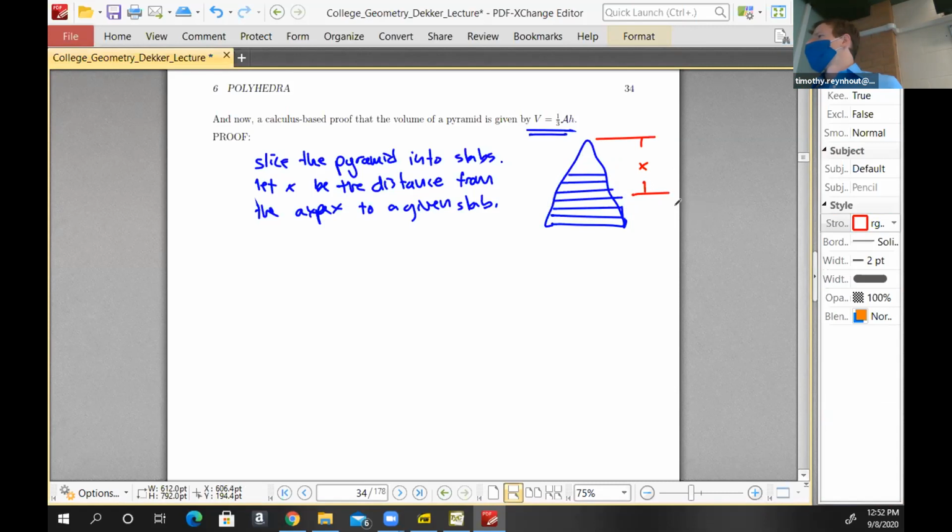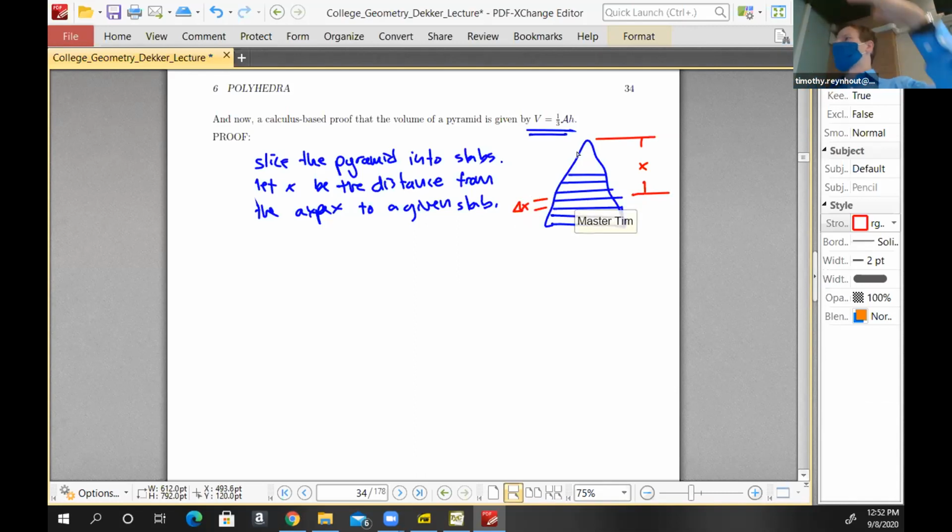Also, we would have, let's see, this distance here we can think of not as x. That's not what I want. Delta x. So the thickness of the slab is delta x.